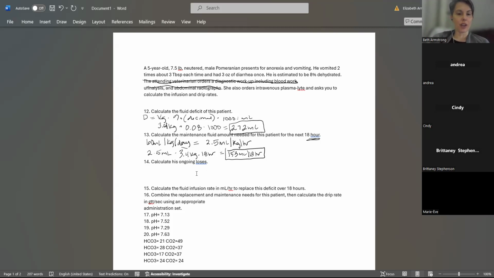Now, when pet parents come in to be seen, they aren't going to tell you, yeah, they vomited about this many mils, right?